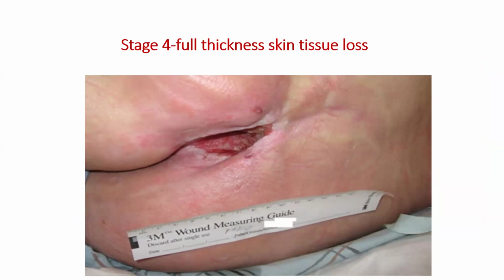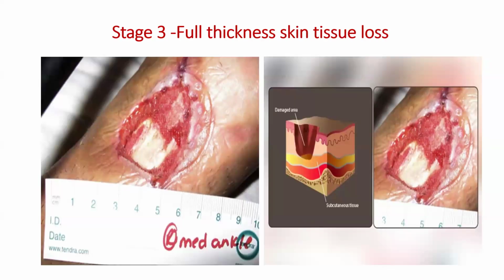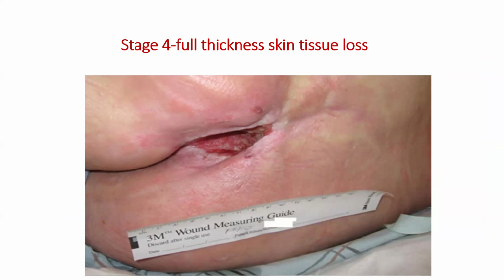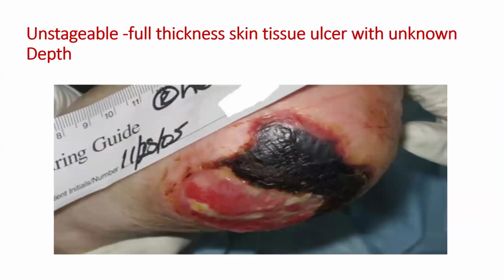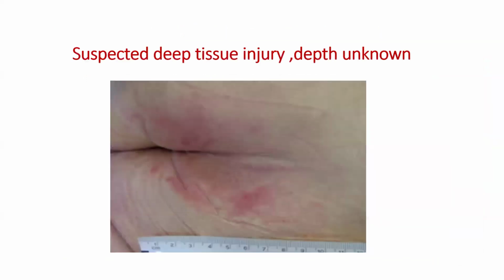Stage 4, full thickness skin tissue loss. Unstageable is full thickness skin tissue ulcer with unknown depth. Suspected deep tissue injury, depth unknown.